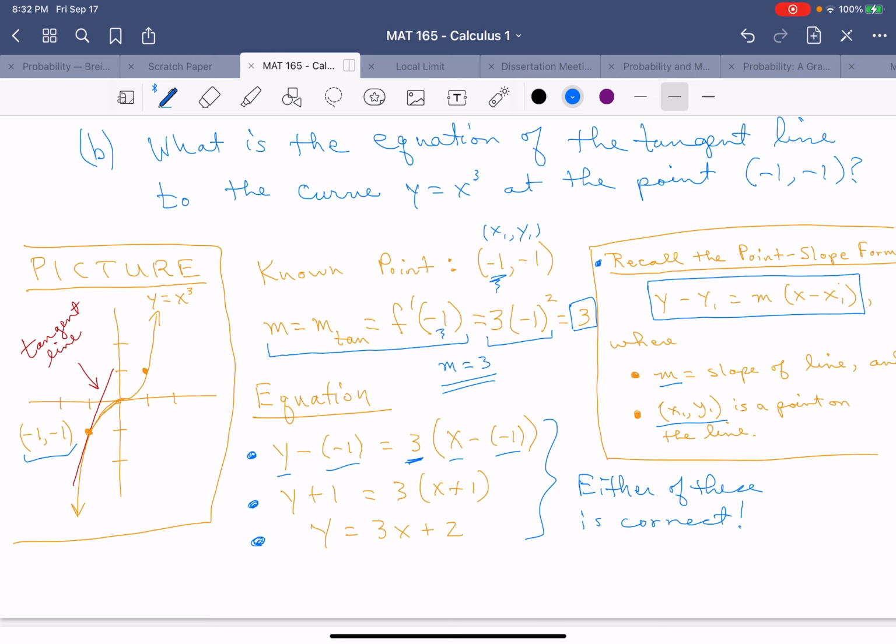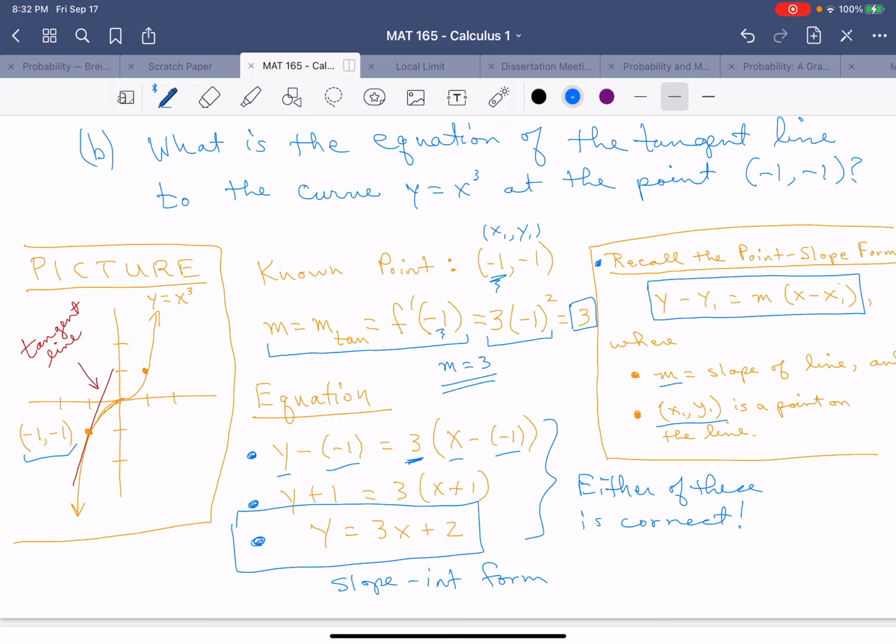Now on the test, any one of these is fine. I don't really care unless the directions specifically ask for a particular form of the line, then any one of these three would be fine. I just want it to be correct. Just to mention though, this last form is a very popular form. That's called the slope intercept form.